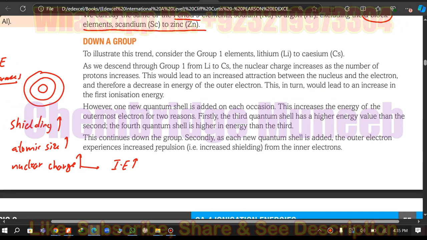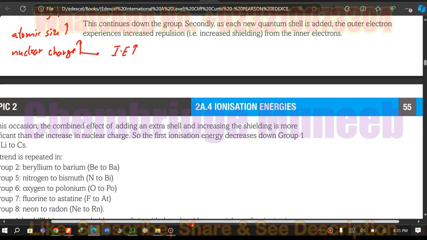And if any question comes why the nuclear charge is not increasing the ionization energy down the group, then you will say that it has less effect, or it is less significant as compared to the other factors of shielding, atomic size, electron repulsion. All right. Okay, good.